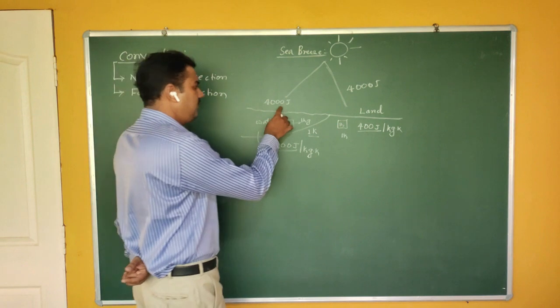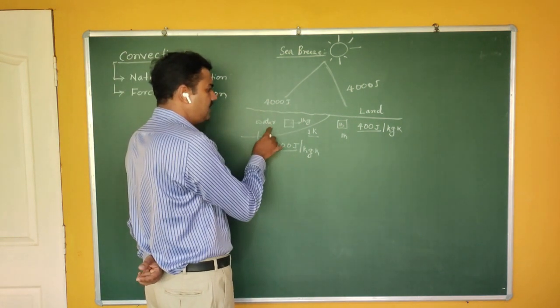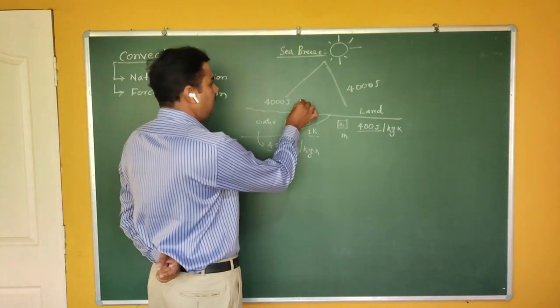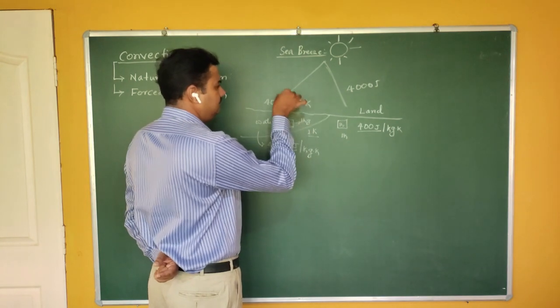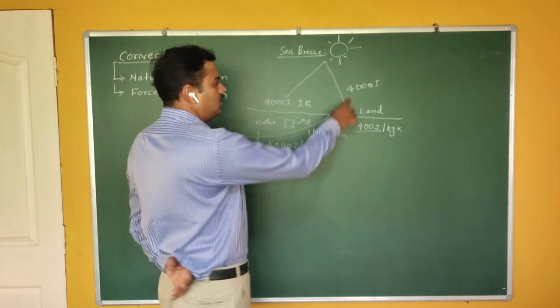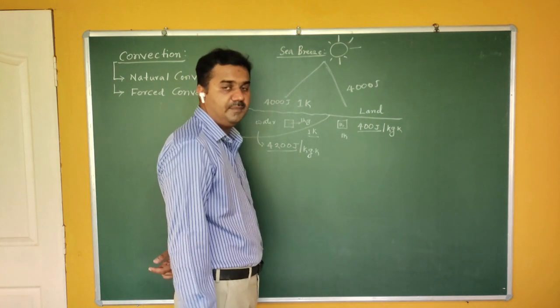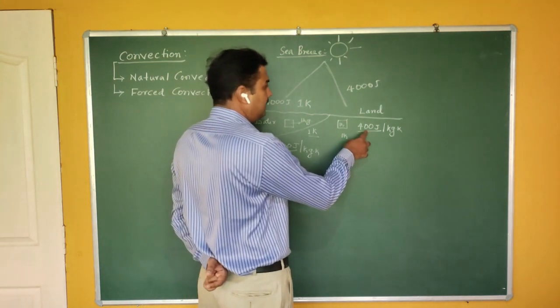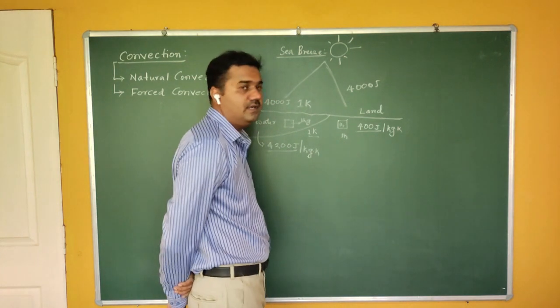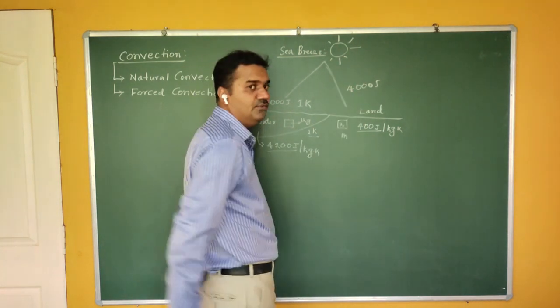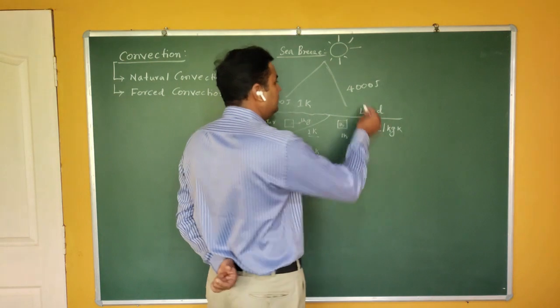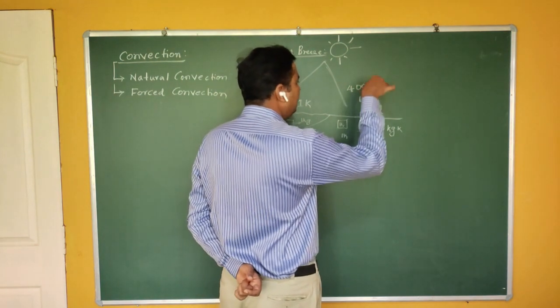So when 4000 joules of energy is absorbed by the water, its temperature rises by 1 Kelvin. When this 4000 joules is absorbed by the land, you can see that it only requires 400, but you're getting 4000, 10 times, therefore the temperature increases by 10 Kelvin.